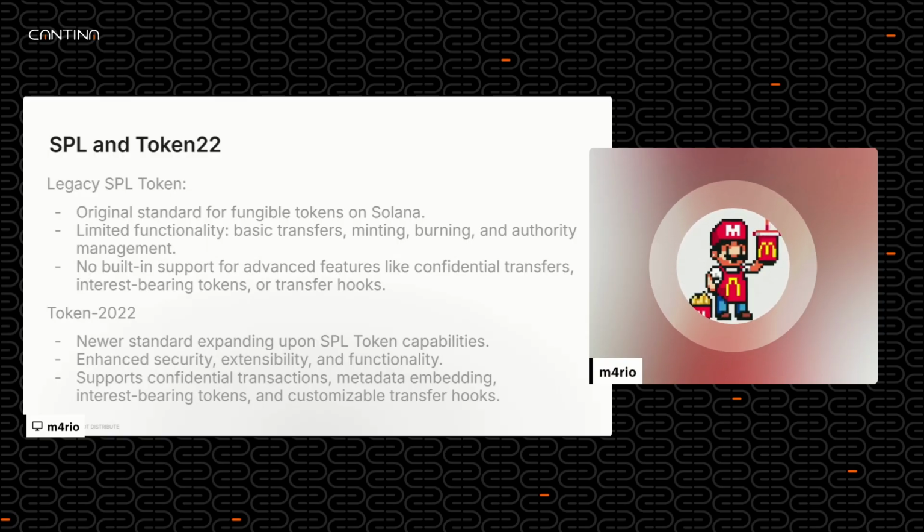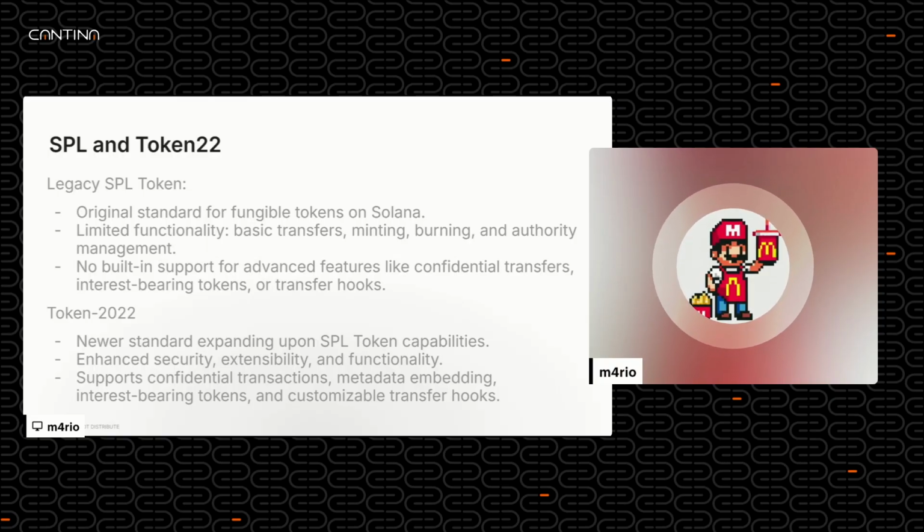You could not have advanced features like transfer hooks, fee on transfer, interest-bearing tokens, metadata, or other types of features. Later on, a new standard was built, which is called Token 2022.